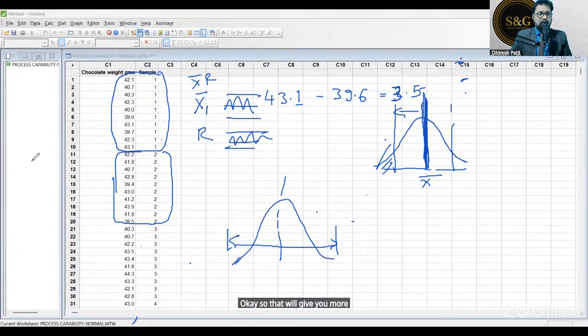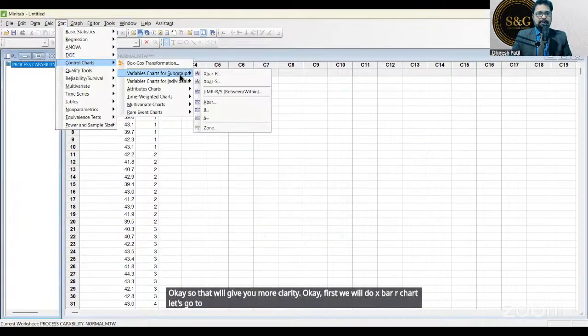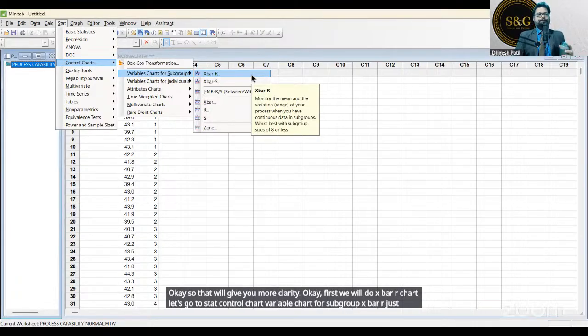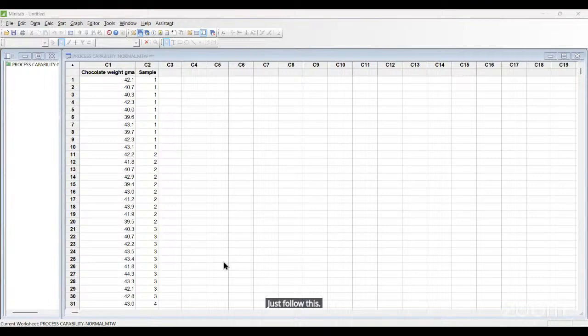First we will do the X bar R chart. Let's go to Stat, Control Charts, Variable Charts for Subgroups, X bar R. Just follow this process. Once you have opened it, let me know.